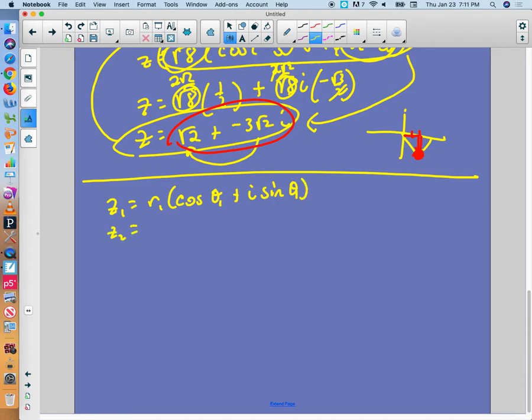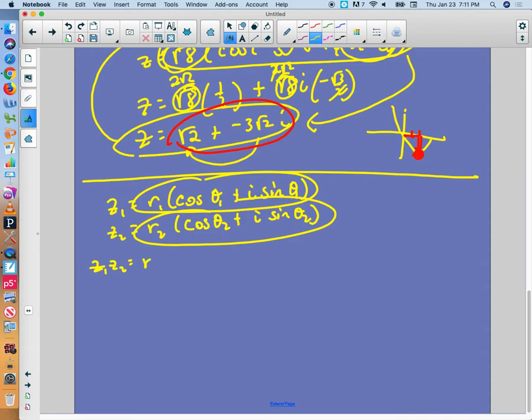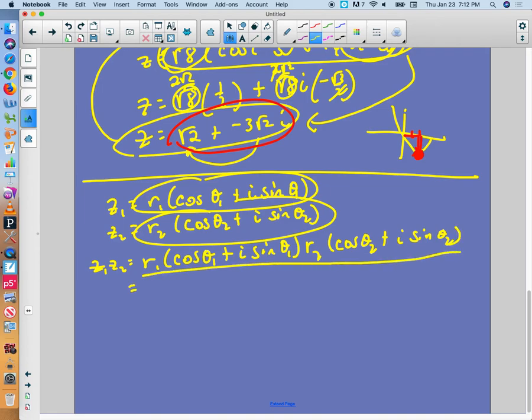And Z2, another one out here somewhere, would be R2 times cosine of the second angle plus i times sine of the second angle. So if I say Z1 times Z2, I'm going to multiply all of this together. So I'm going to say R1 times cosine theta 1 plus i sine theta 1 times R2 times cosine theta 2 plus i sine theta 2. So this is all multiplied together right here.